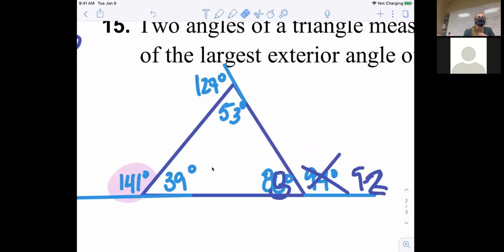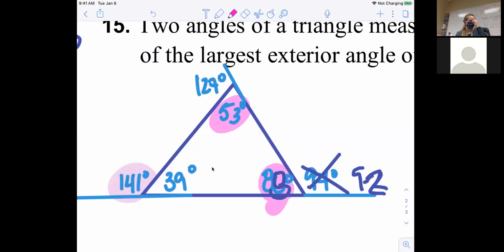And then I found all their exterior angles by adding the 2 remote interior. So to find 127, I added 39 and 88. And to find this 92, I added those 2 together. And then to find the 141, I added these remote interior angles together.